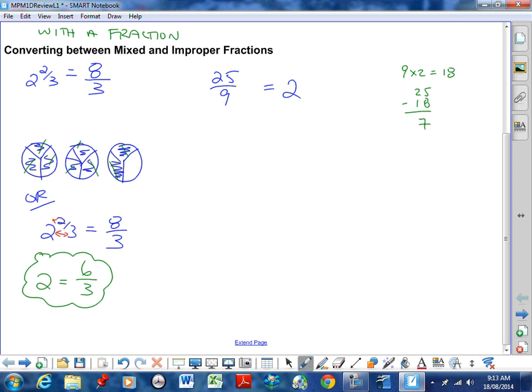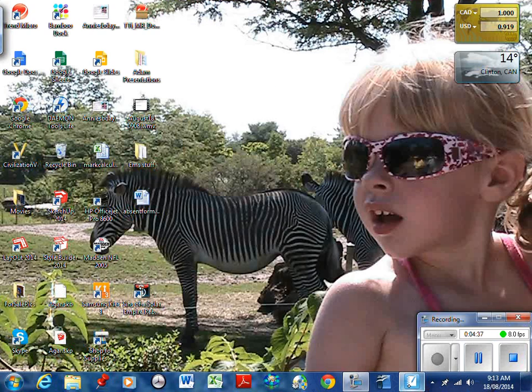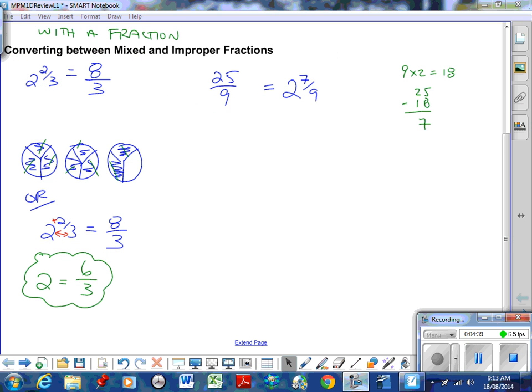So it would be 2 7/9. We'd end up with 2 whole pies and 7/9. You're just figuring out how many times the denominator divides into the numerator evenly, and then figuring out what's left over.